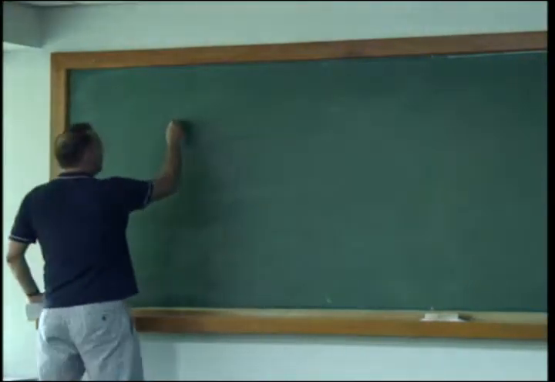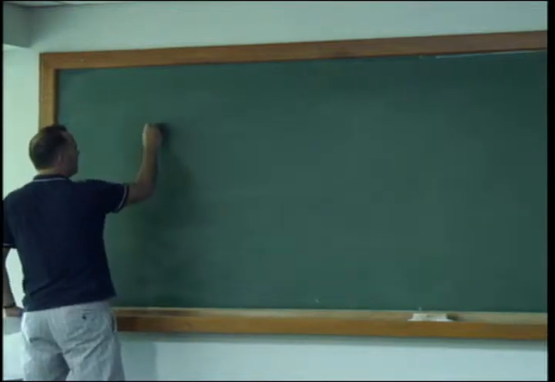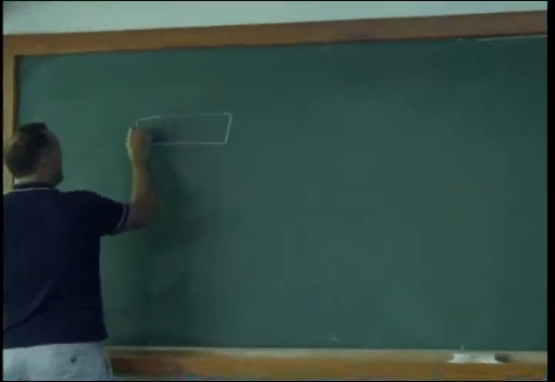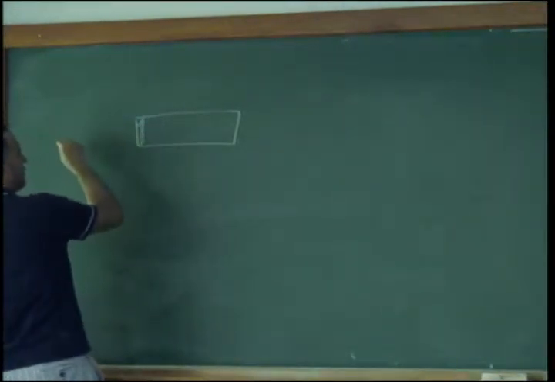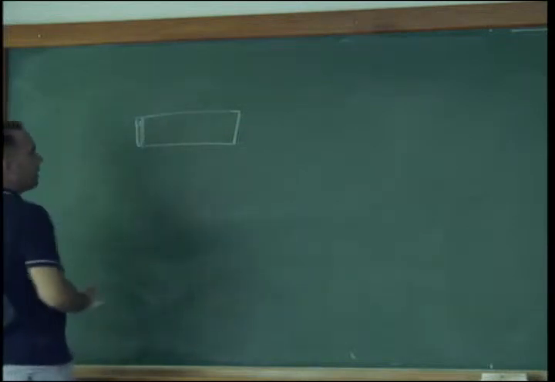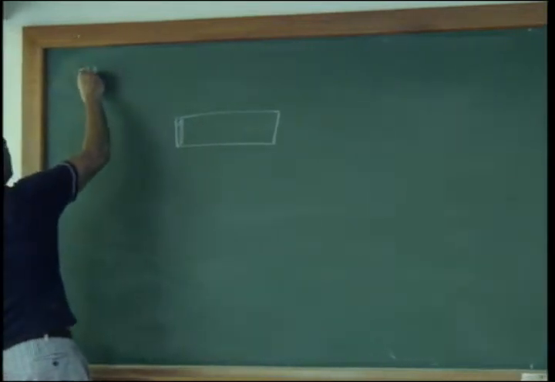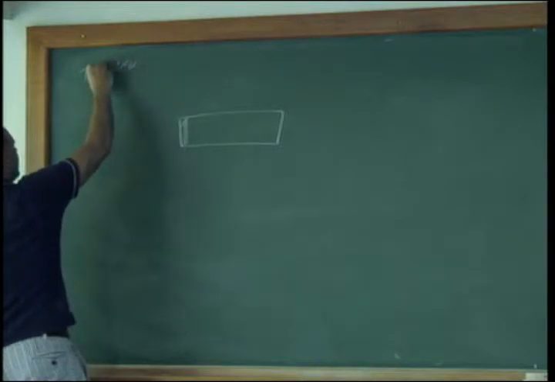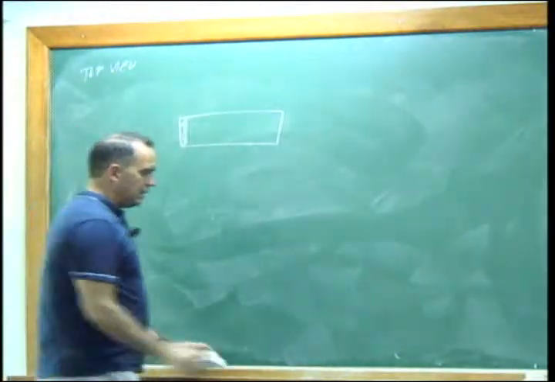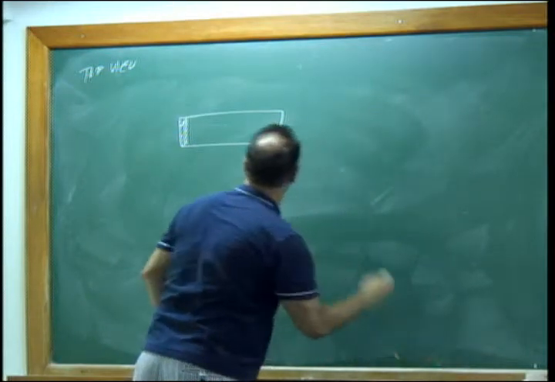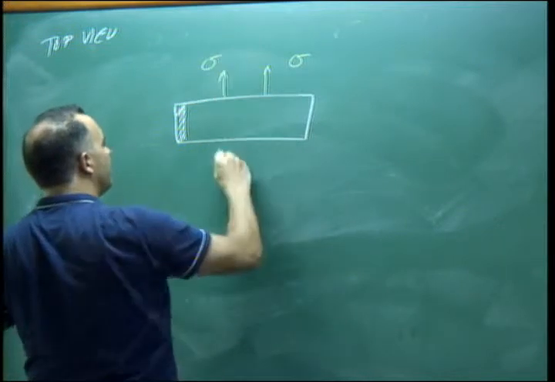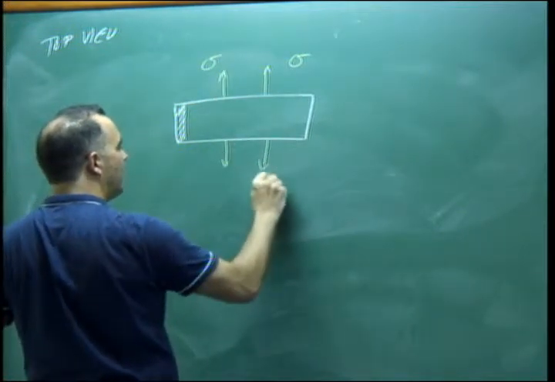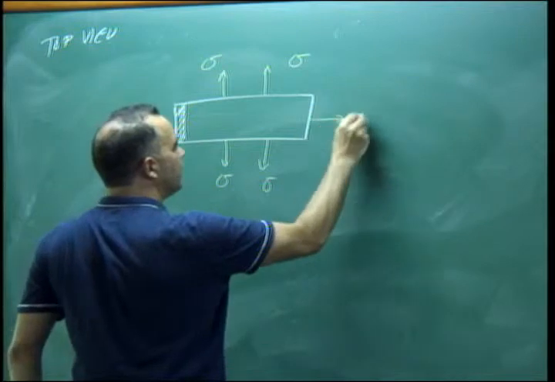So this is a very simple thing to do. You can take a toothpick. Let's just imagine we have a boat here, and we're going to put a chemical on the back. Let's look from above, top view. And we know that there's a tensile force per unit length everywhere. Right? We have sigma, sigma, sigma, sigma, sigma.